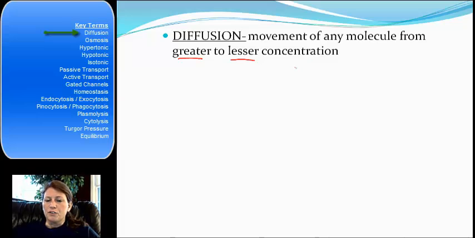When you first pour Kool-Aid into a pitcher of water, you notice it's all concentrated, and as diffusion occurs, the concentration from that one area gets lesser and lesser until it's mixed throughout the entire solution. So diffusion is the movement of any molecule. Any molecule is the key.